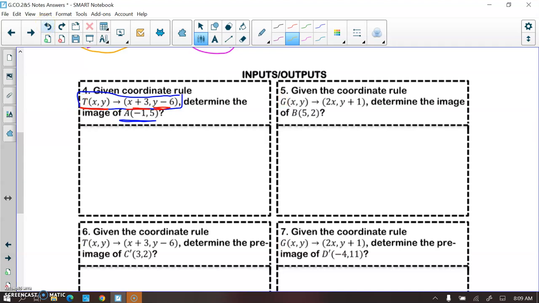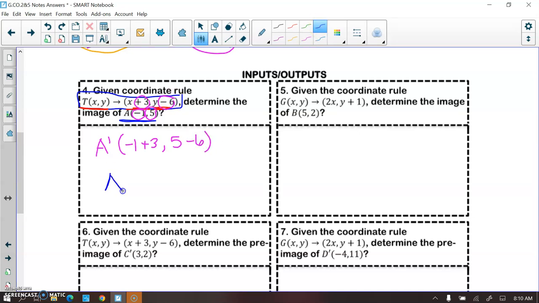So what we're going to do to find A prime is I'm going to take my x value of -1 from point A, and I'm going to add 3 onto it. And I separate my x and y value with a comma. So I'm going to take my y value of 5 from point A, and I'm going to subtract 6 from it.